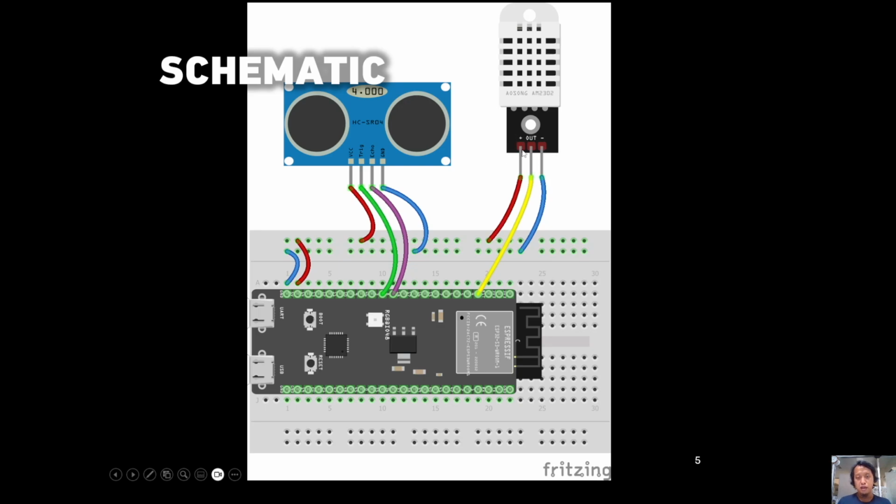The positive pin I connected to 5 volts and the negative pin I connected to ground. For the out I connected to pin 4 of the ESP32.